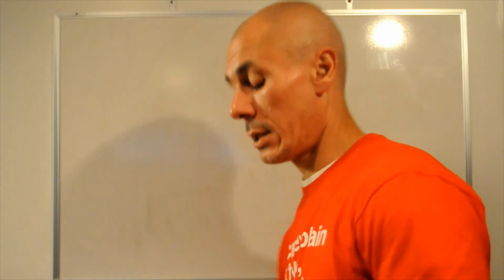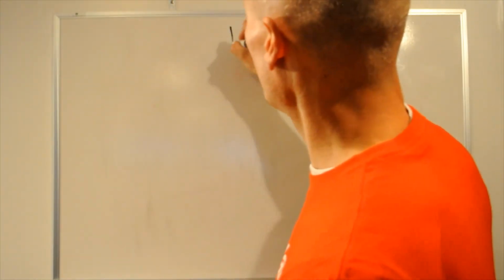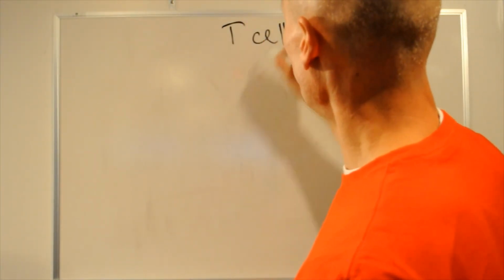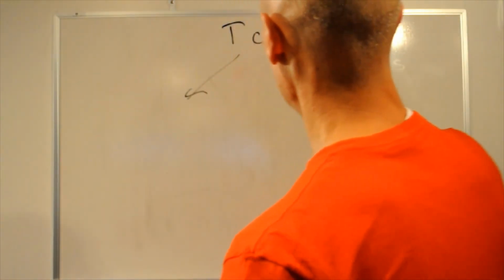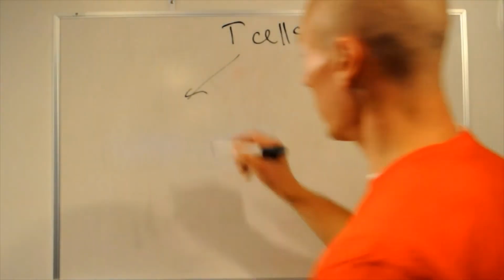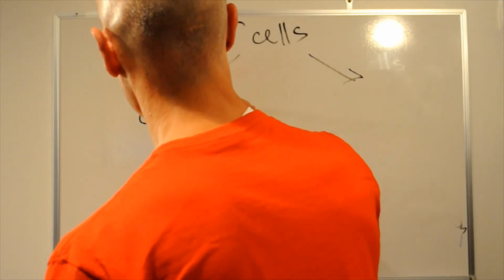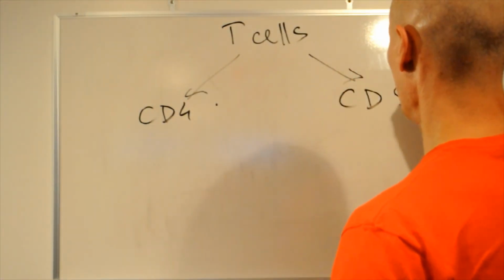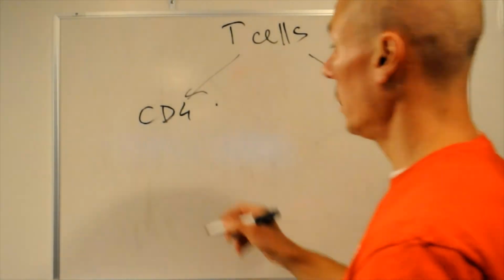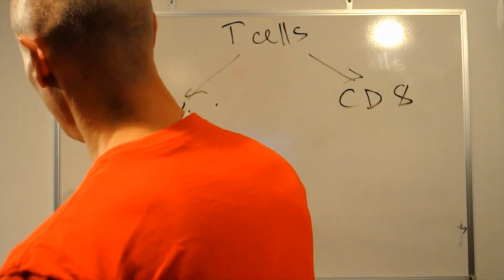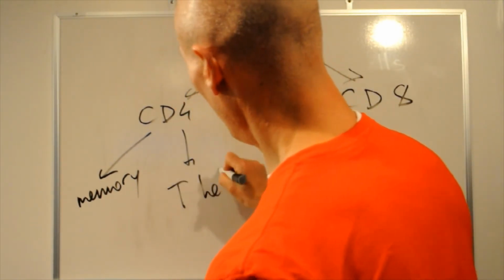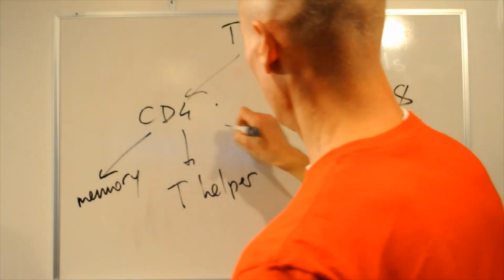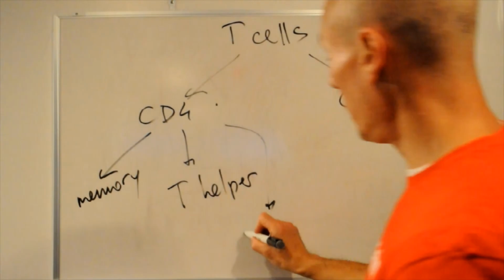We're going to talk about these mechanisms a little bit more in detail in subsequent videos, but a few words about T cells. So T cells, they differentiate into two main types of effector cells. We have CD4 cells and CD8 cells. So CD4 cells, they can become, well, memory cells, T helper, and T regulatory.